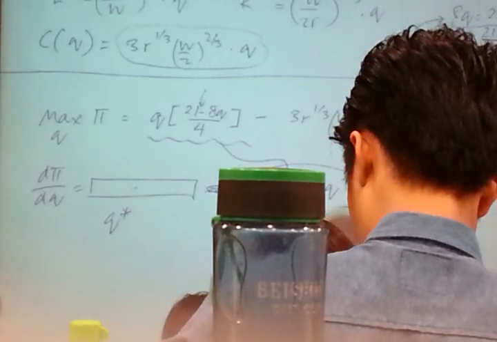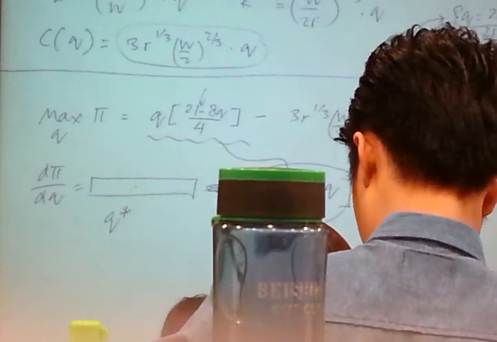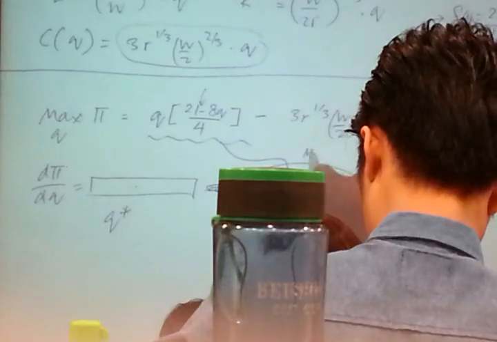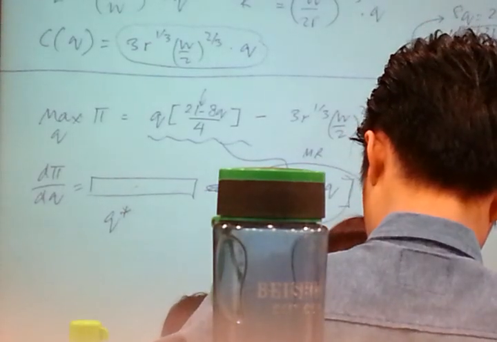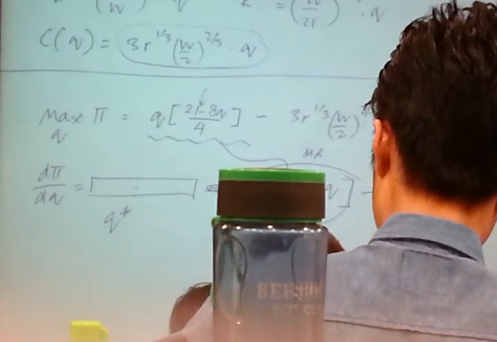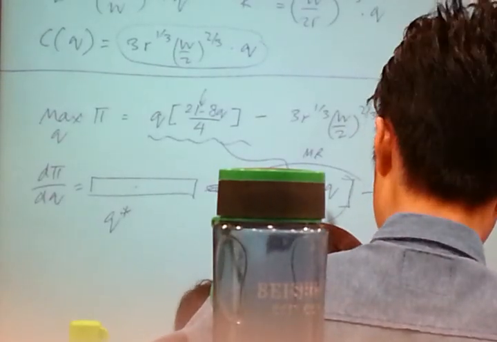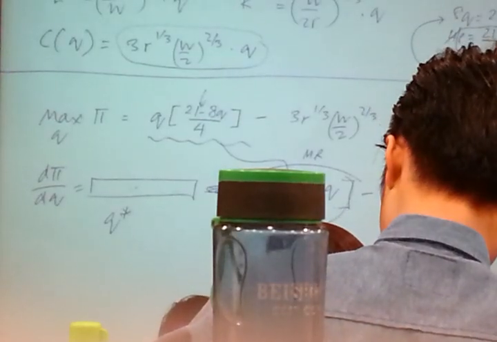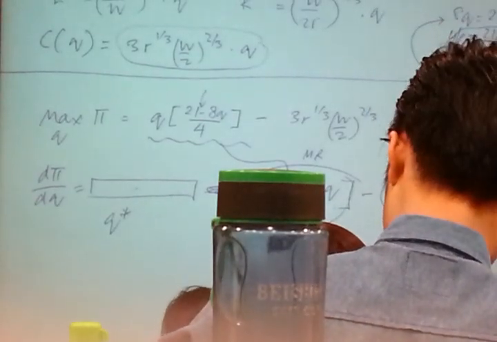MC, MR. Familiar condition, MR is equal to MC for profit maximum. Here you notice that Q is the only unknown. I am told W is equal to 1 and R is equal to half.